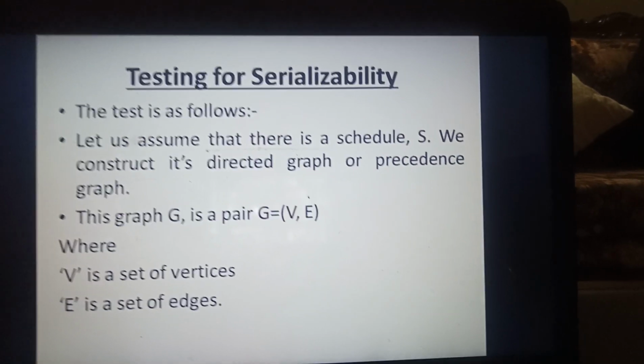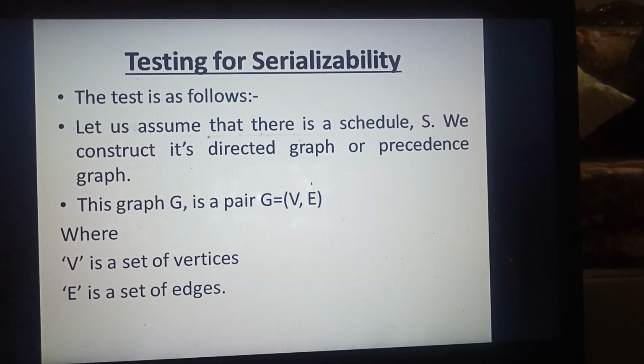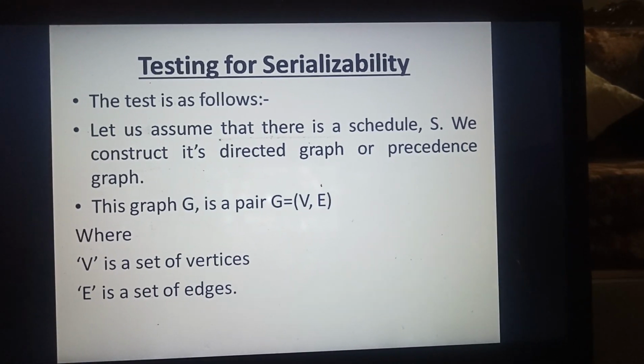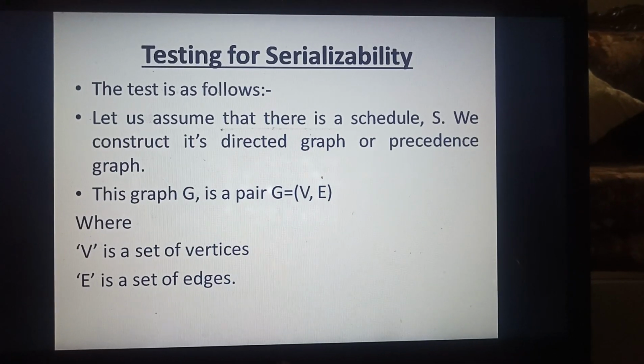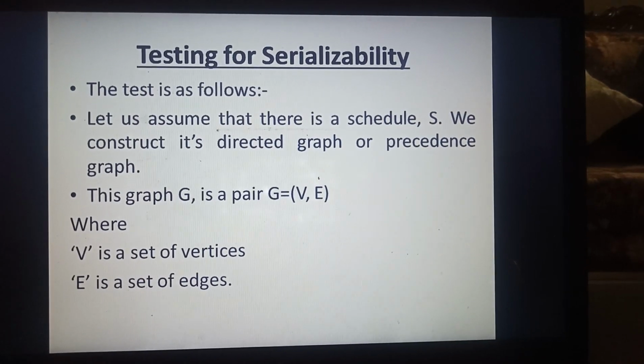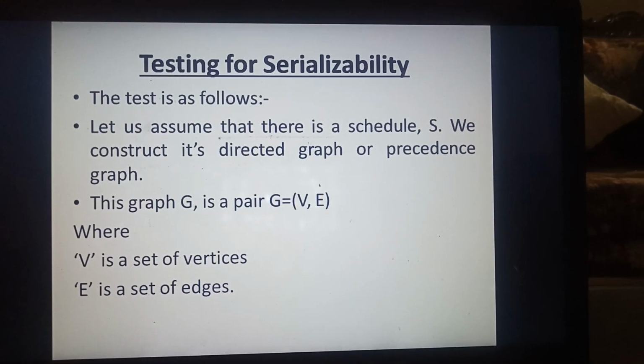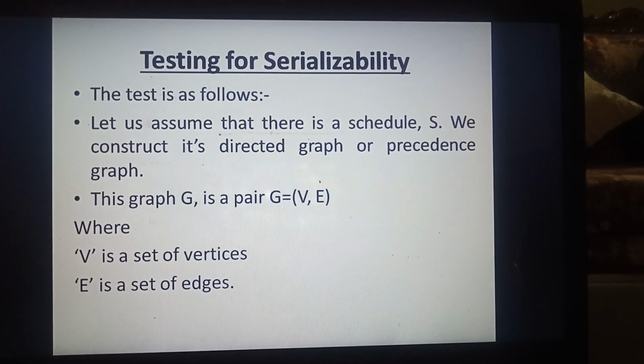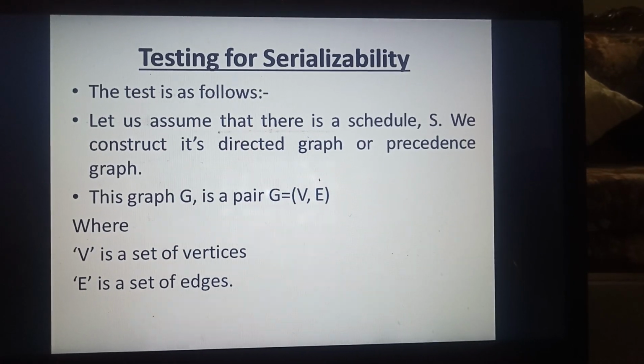So, how can we test for serializability? Now, the test is as follows. Let us assume that there is a schedule S. So we construct its directed graph or precedence graph.